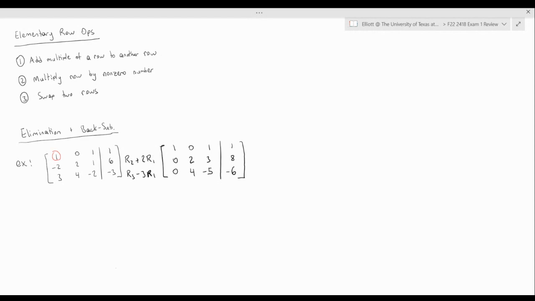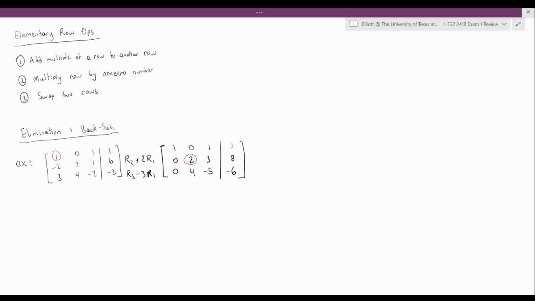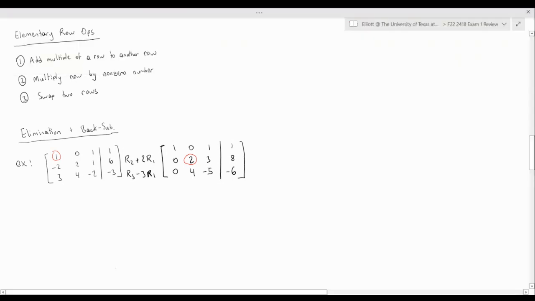Okay, so next we have a new pivot in the second column now. That's our next pivot, and we want to use that to eliminate everything that's underneath it. So in this case, we just want to eliminate that 4 now in the second column. To eliminate the 4, we can multiply the second row by -2, and then add that to the third row.